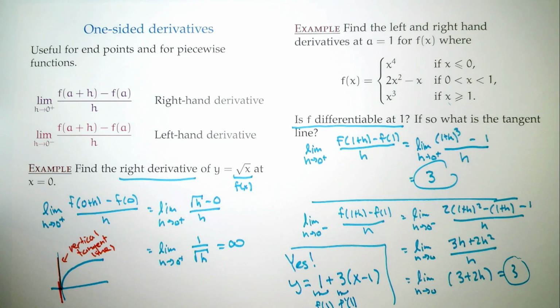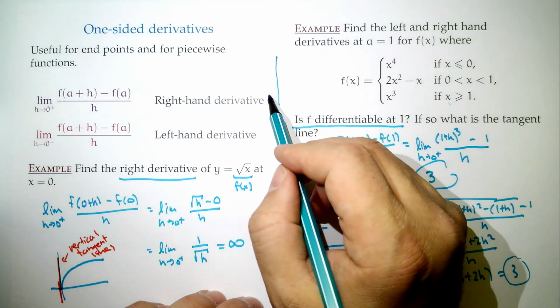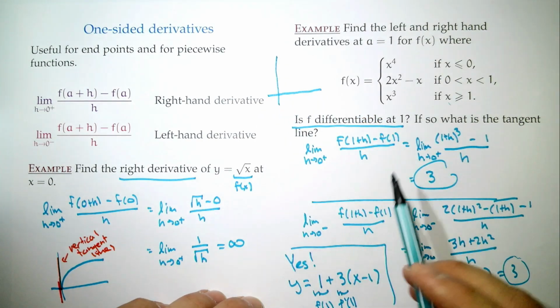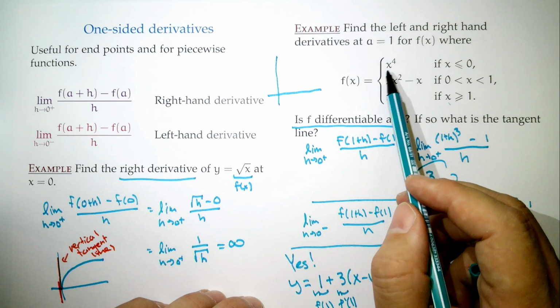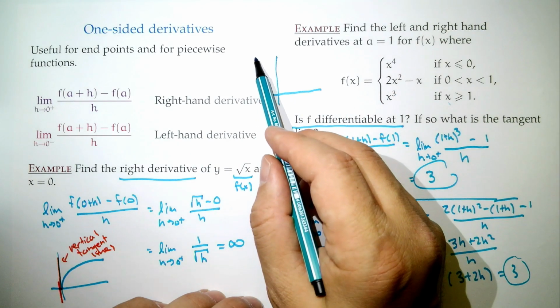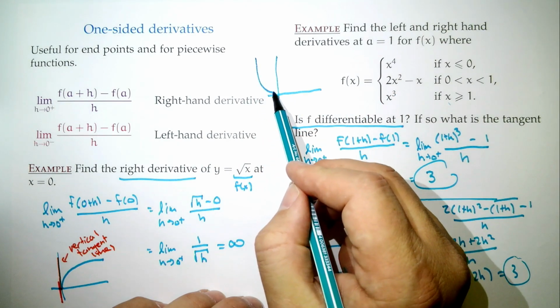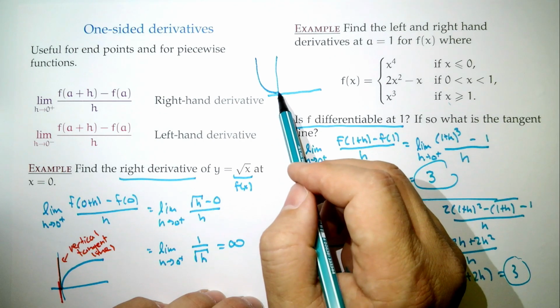Now this is not quite so trivial as you might think, because I asked the question at 1. We could have talked about 0. If we were to sketch this curve, what you would see is that you have x to the 4th, which comes down nice and flat at 0.